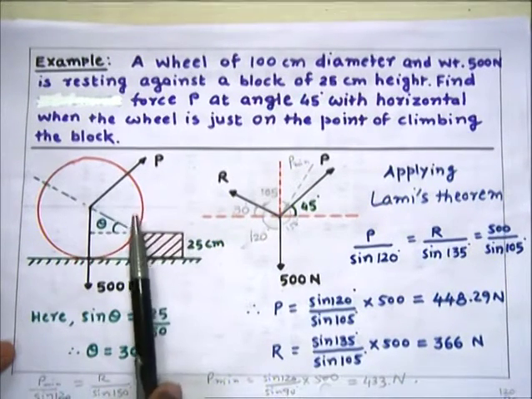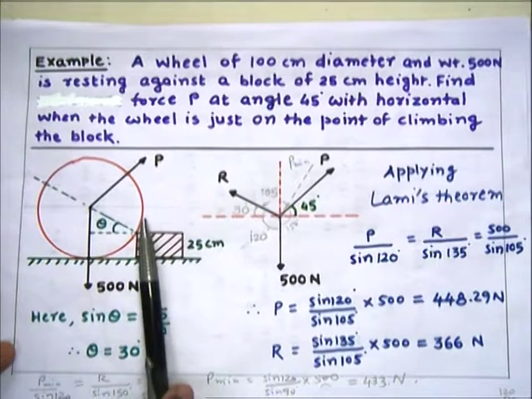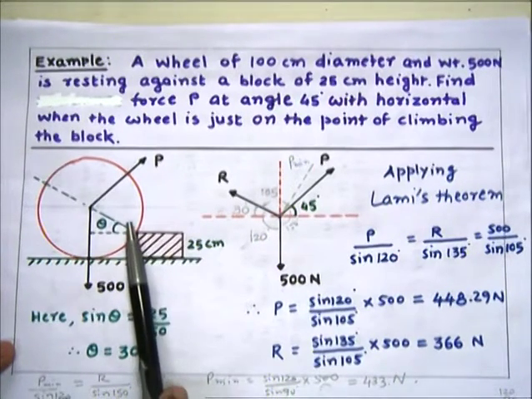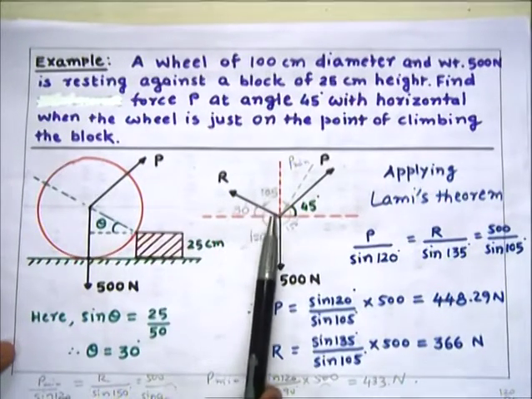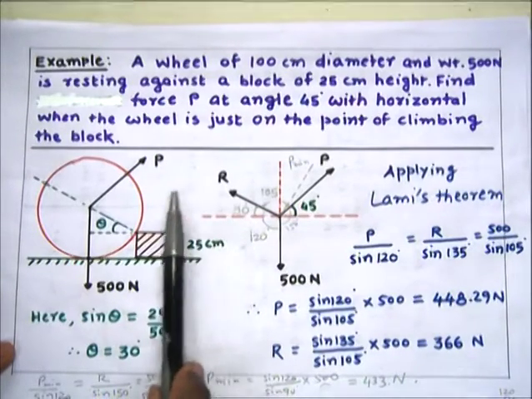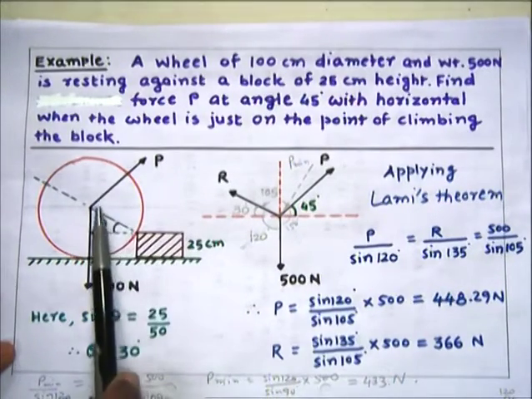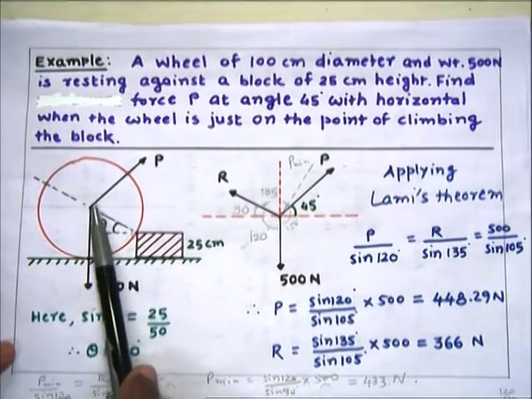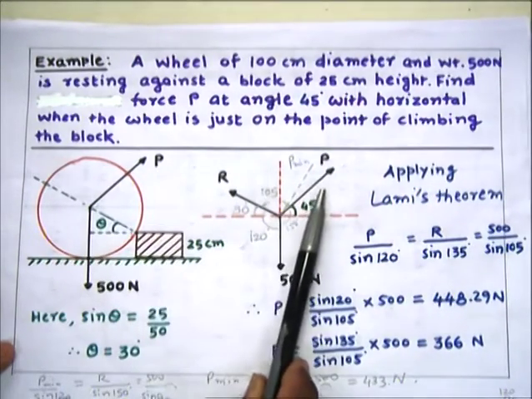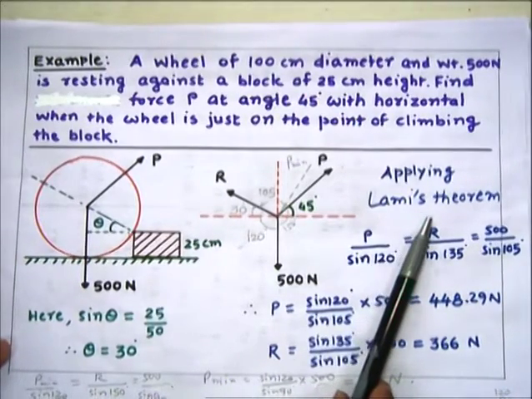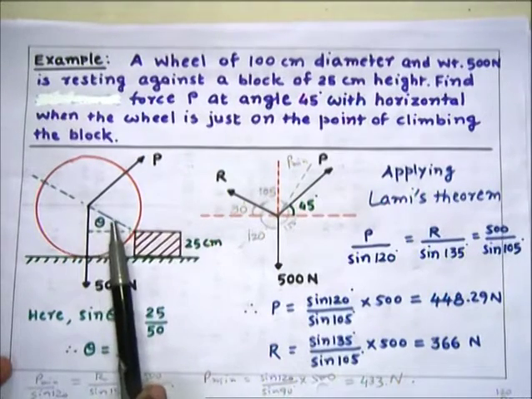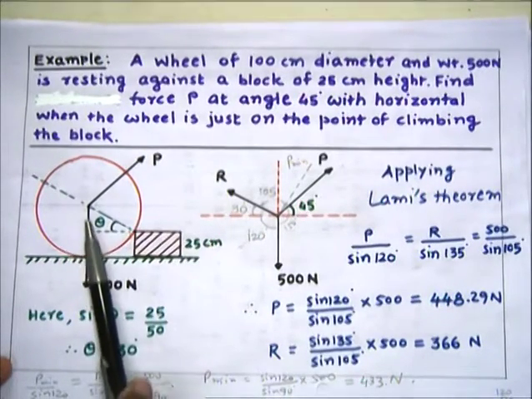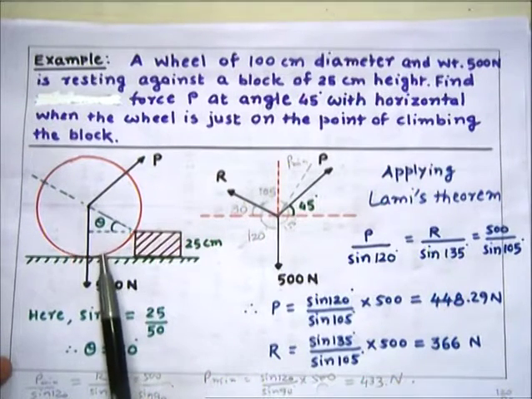So here when it is at the verge of climbing this block, it will give you reaction. So reaction R here will be in this line, and already force P is to be applied here. So applying Lami's theorem, and angles here in this case, this angle is say theta. Here diameter is 100 centimeter, so radius of this cylinder will be 50 centimeter.